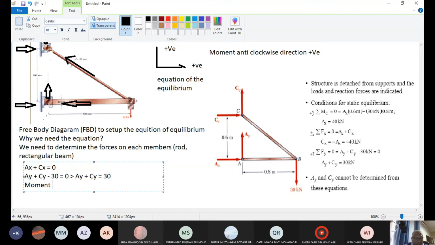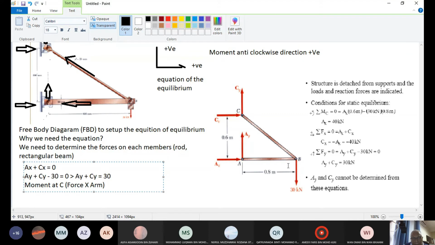With moment at where you get moment. Here at C, we got a moment. Because as you pull this 30 kilonewton down, there will be a reaction over here. Reaction is a moment. Why do we get moment? Because moment is equal to force times arm.